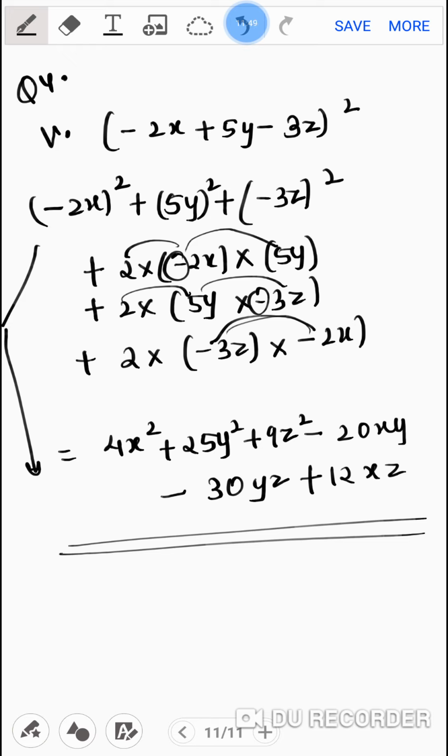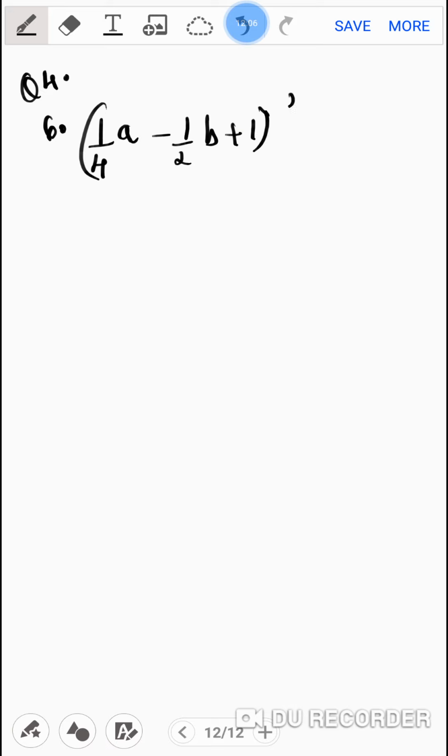Clear, my dear kids? I'll take one more, that is your problem number 6. Question 4, problem number 6. Let's start. 1 upon 4a minus 1 upon 2b plus 1 the whole square.